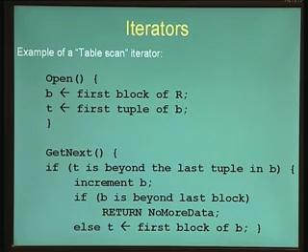Note what the getNext function should return here. The table scan operator should return tuples after tuples, that is, the first tuple, second tuple and so on. However, at the physical level we are concerned not only with tuples but also with blocks, that is, we actually read and write in terms of blocks and not in terms of tuples.